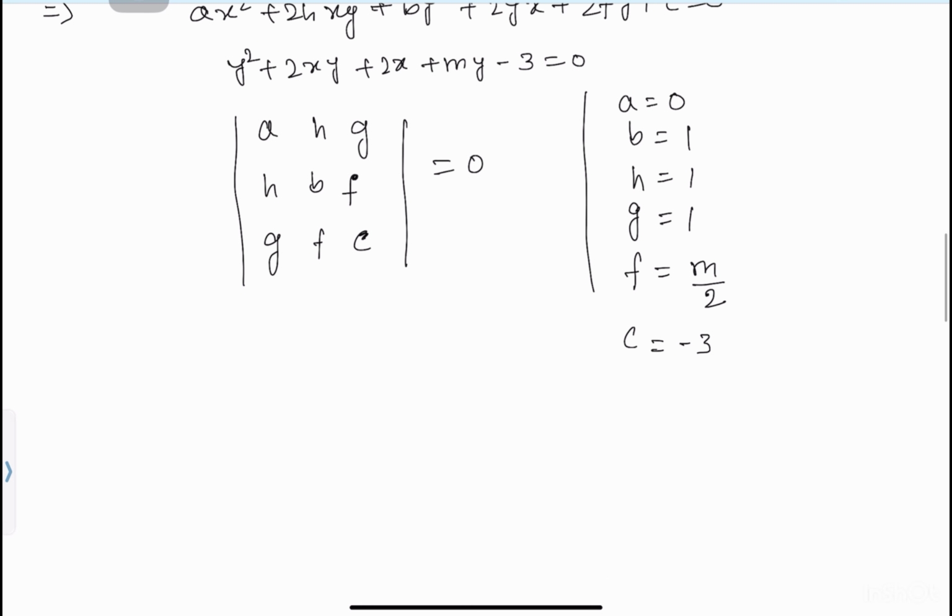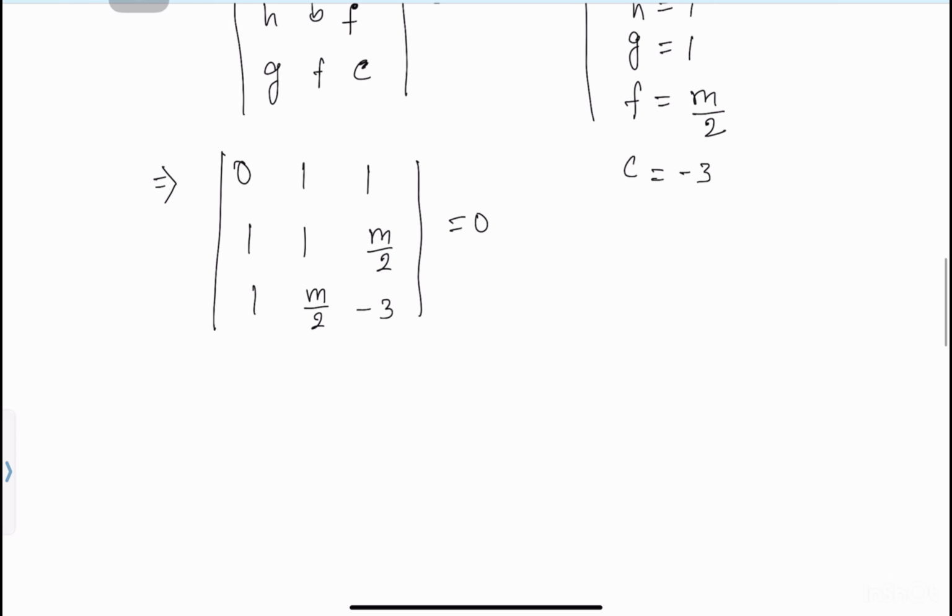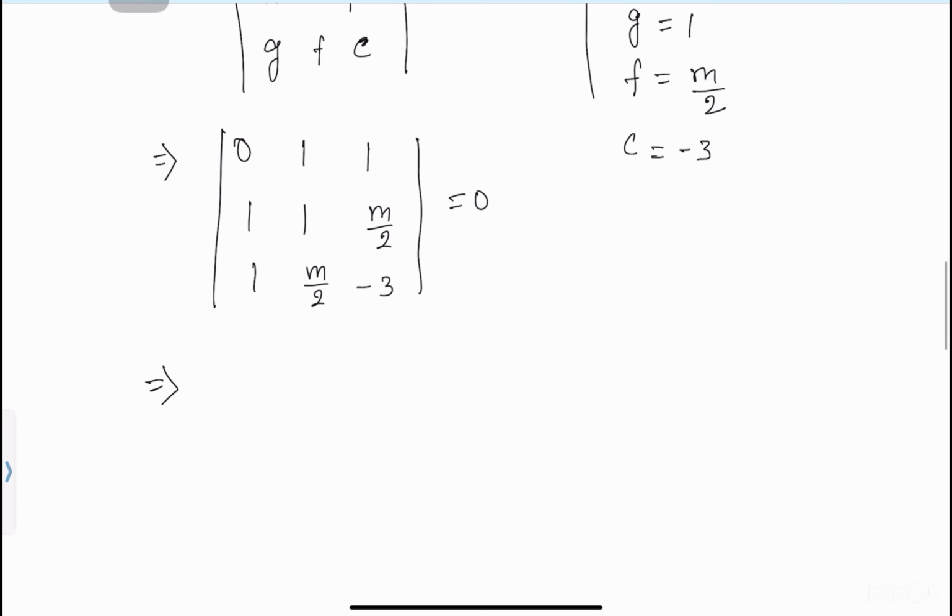Put that value in the determinant. From here, a equals 0, h is 1, g is 1; 1, b is 1, f is m by 2; g is 1, f is m by 2, and minus 3. This equals 0. Now expand the determinant. 0 into something is 0, so minus 1 times minus 3 minus m by 2, plus m by 2 minus 1 equals 0.